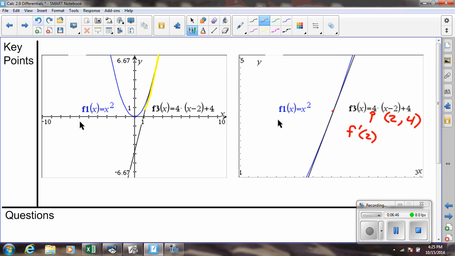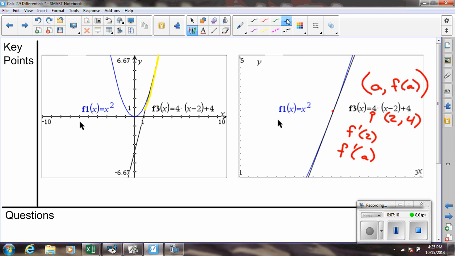More generally, instead of saying 2 and 4, we will have the point a, and the height 4 came from having the function value f of a. This is the point we are looking at. The slope then won't always be at 2, but it was the derivative of the x value we chose.